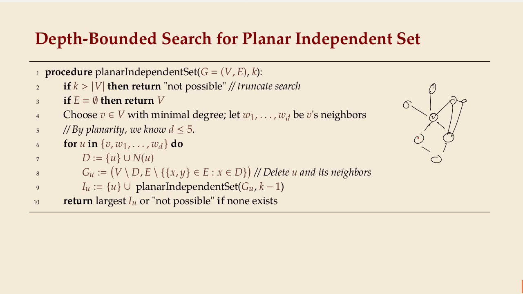So if I choose that this one should be in the independent set, then these 2 nodes can be deleted together with all their edges because I can't pick any of these neighboring nodes in an independent set.